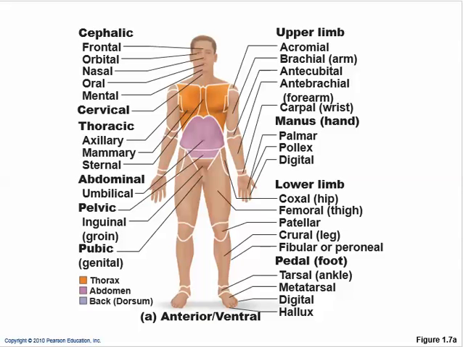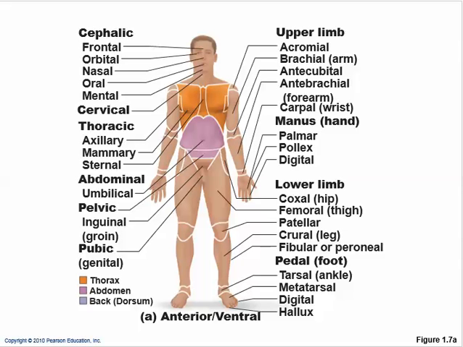Now you're going to see this position in a lot of illustrations, but it is facing forward, palms facing forward, so that the radius and ulna don't cross. I will demonstrate that in class.